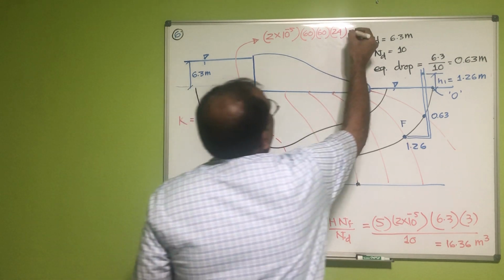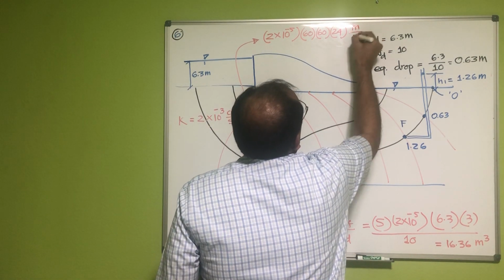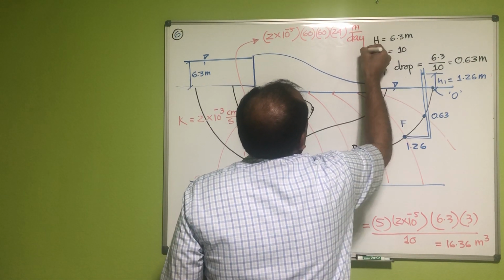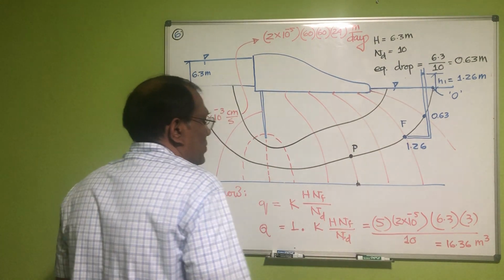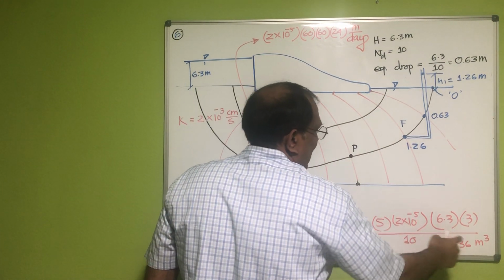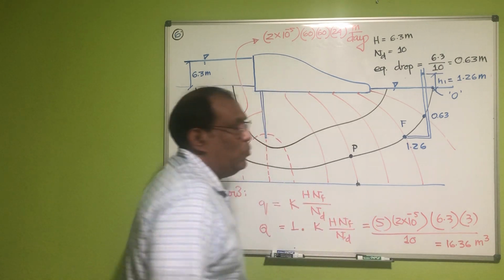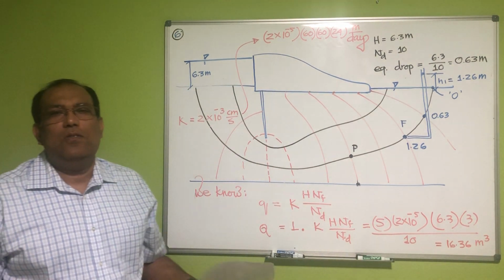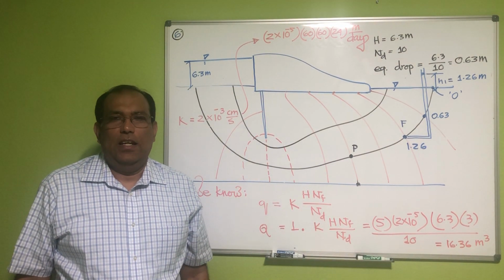So that's basically that many meter per day. If you plug that one here, then basically you will get that meter cube here. I'm just trying to be consistent with the unit here.